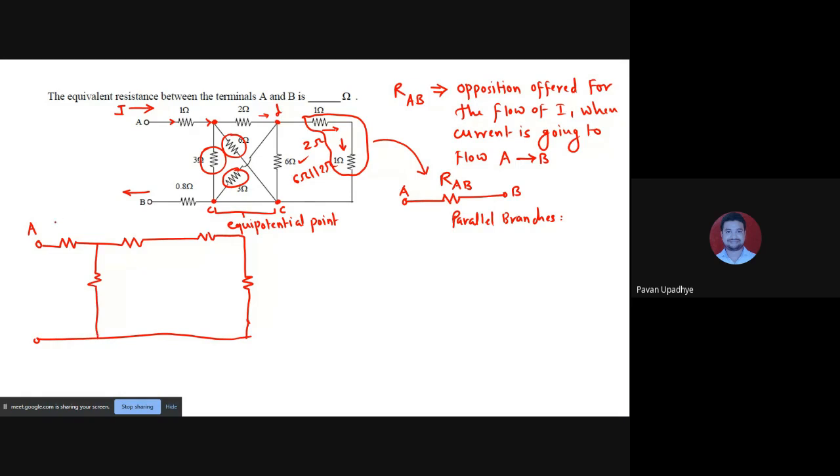So look at this carefully. This was 1 ohm, this was 3 ohm, and this was 2 ohm. And here was a presence of some 6 ohm branch already, and these two were 1 ohm and 1 ohm.